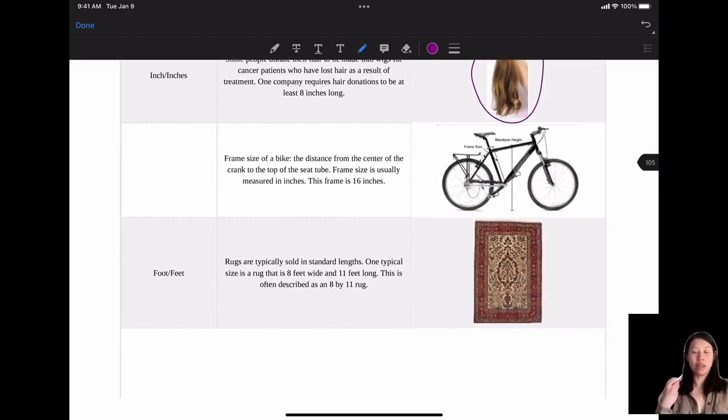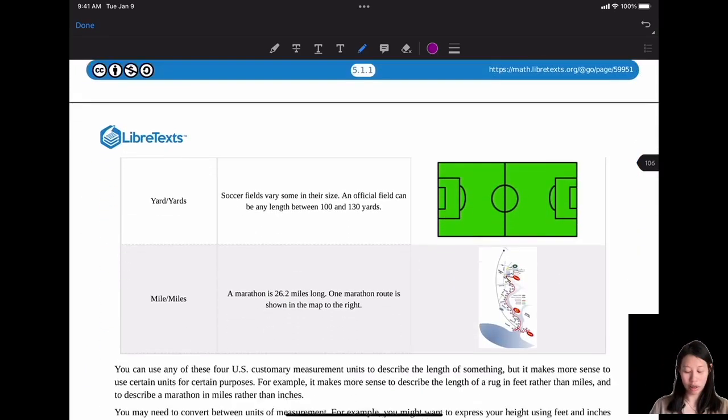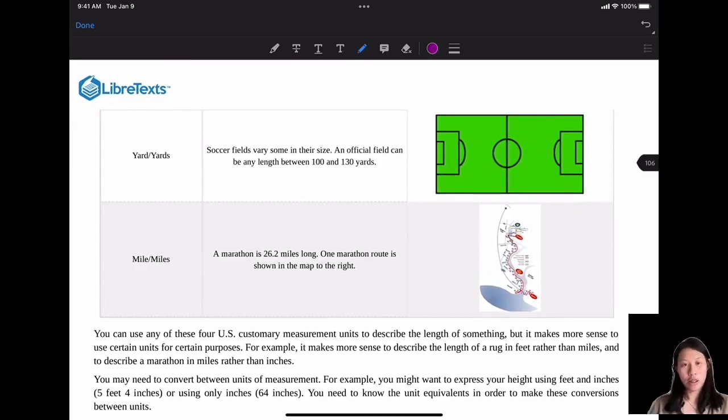Okay, for a slightly larger object, such as a rug or carpet, we will use feet. Of course, you can still use inches, but feet makes more sense in this case. And when it comes to a football field, we will use yards. You might hear that, hey, this football field is 113 yards.